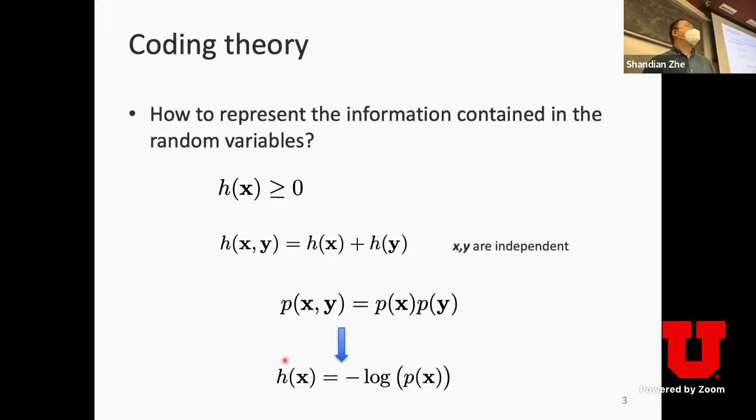Okay? But next thing we need to consider is that this is just a measurement for a particular value of X, right? X is actually a random variable. That means it can take multiple different values. The chance of X taking different values can vary, right?